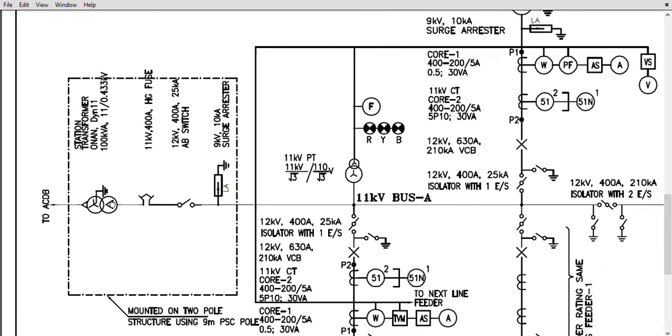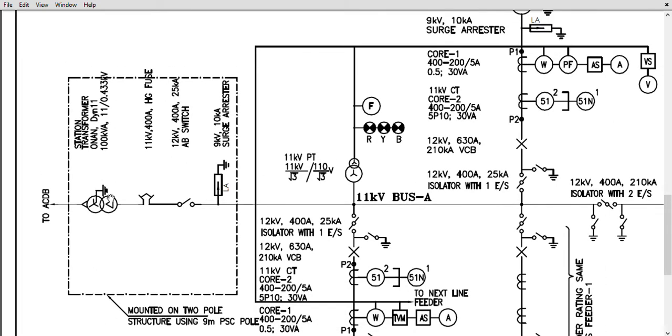See, the substation also will need LT voltage supply, because the substation will have a control room which will have lighting loads and fans, all LT loads. To feed those LT loads, we need a distribution transformer here, and that we call the station transformer.